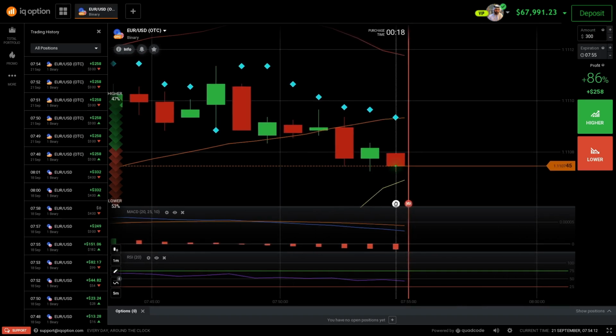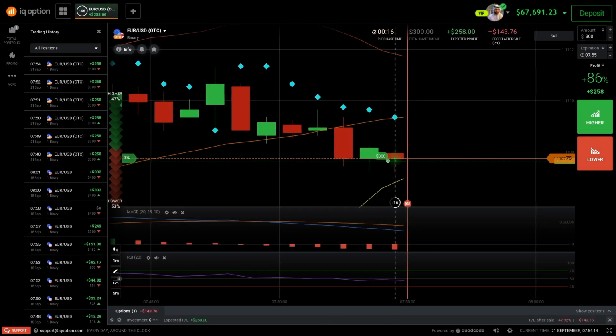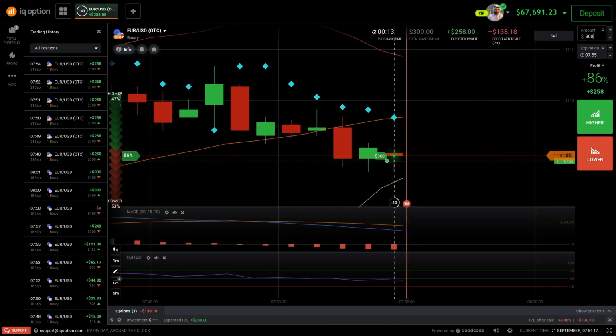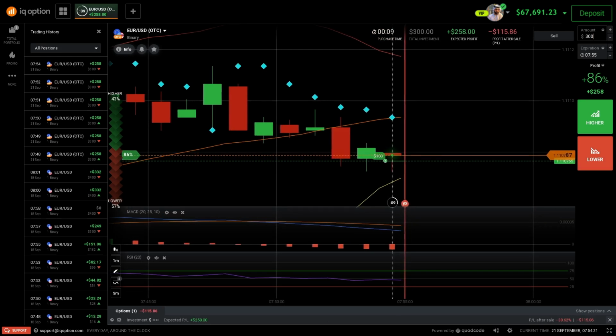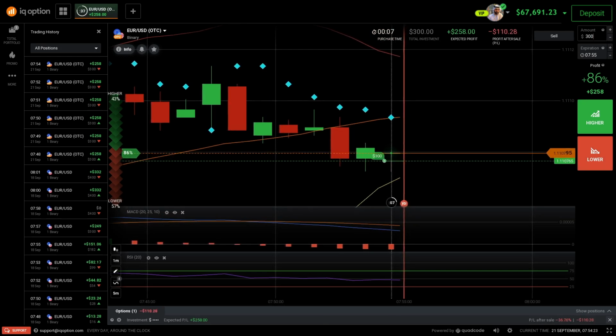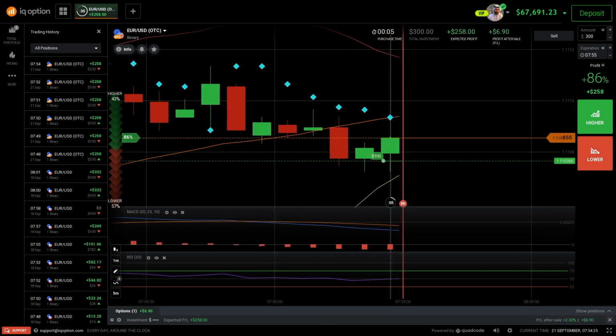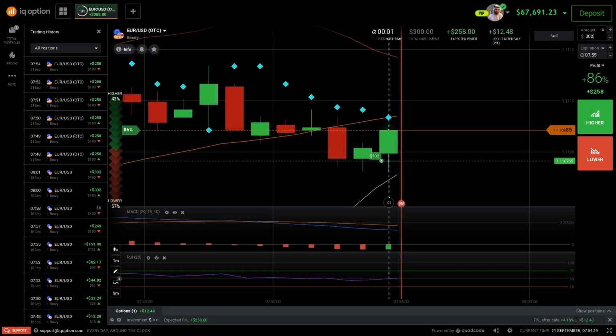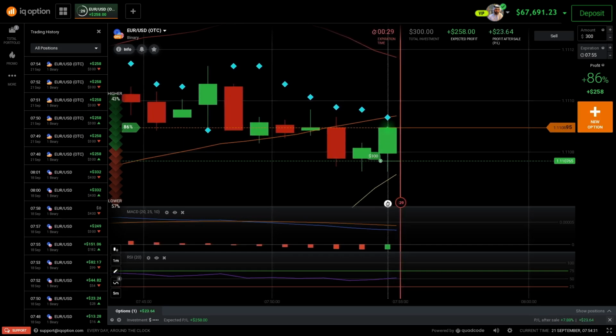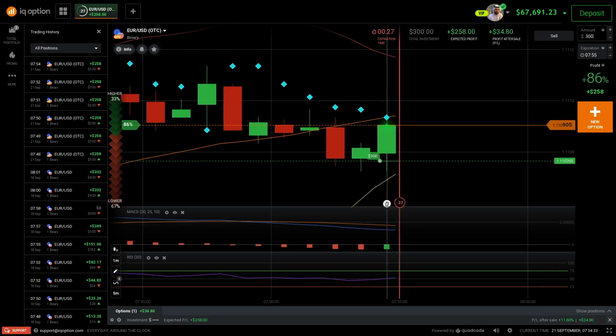Use indicators like moving averages, RSIs, Bollinger Bands, parabolic SARs, different stochastic oscillators, just to find high probability setups. While using all these technical indicators, keep trying different strategies, trying to develop your own trading strategy.